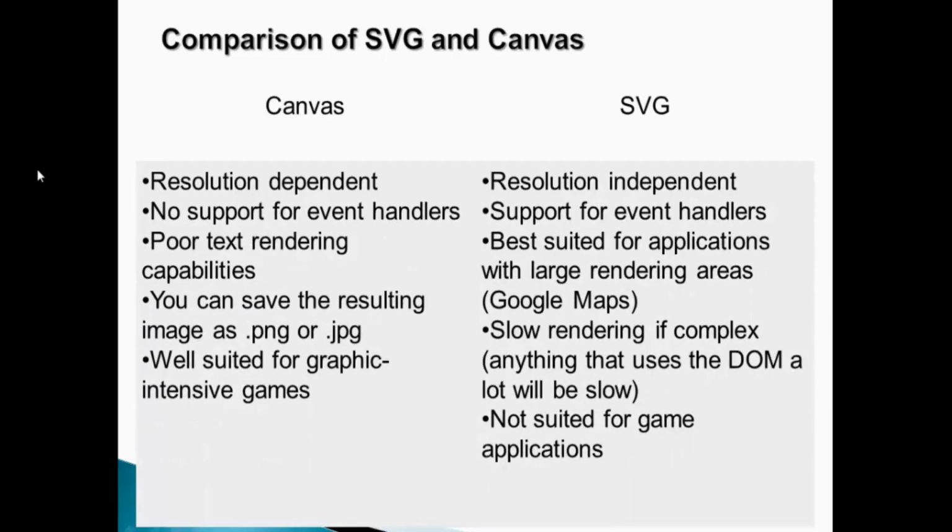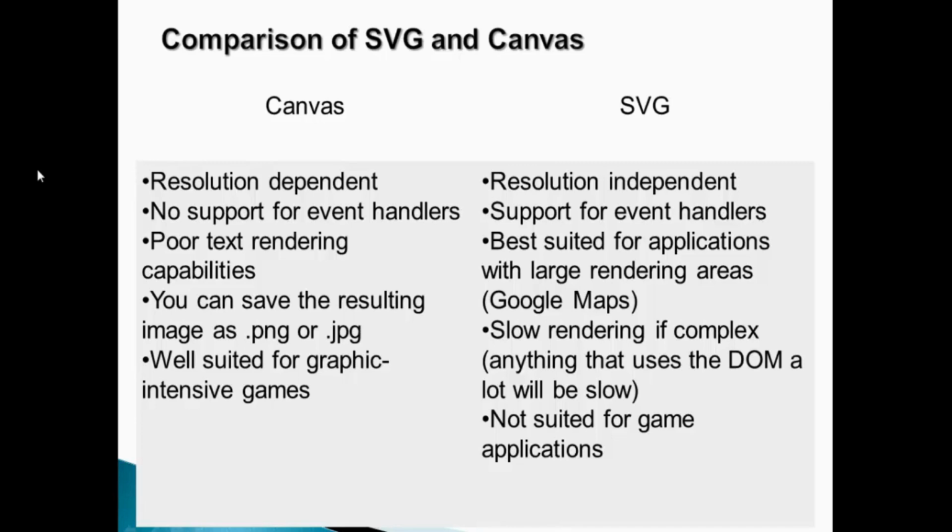Here is the comparison of SVG and Canvas. Canvas is resolution dependent while SVG is resolution independent. Canvas has no support for event handlers, whereas SVG has support for event handlers. Canvas has poor text rendering capabilities, and is best suited for applications with large rendering areas like Google Maps.